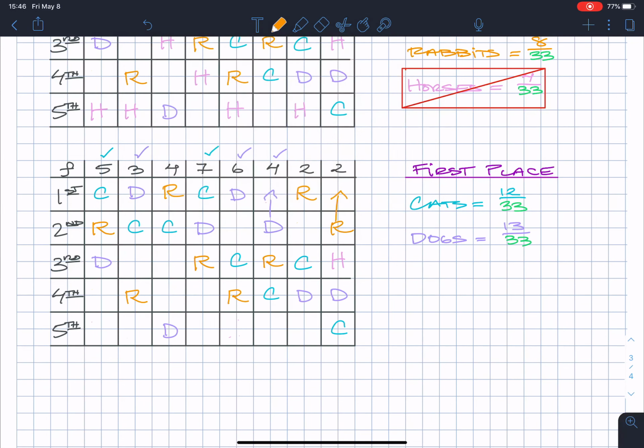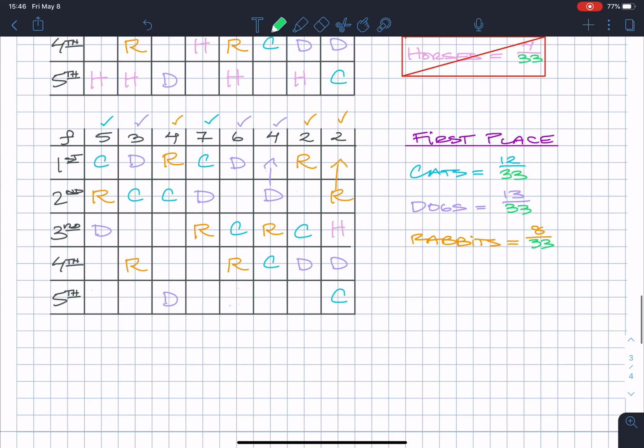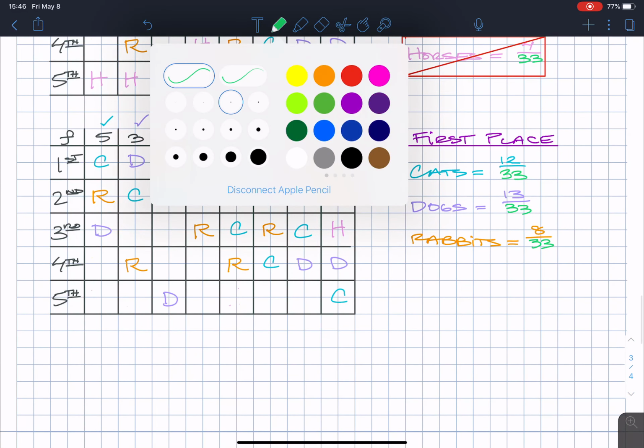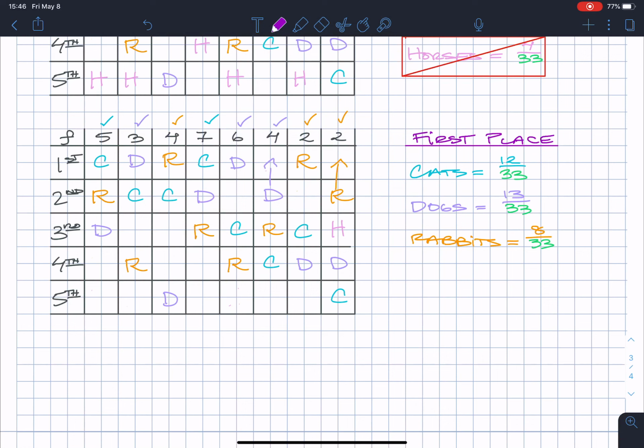Rabbits are now 4 plus 2 is 8 out of 33. Okay, so the least popular animal at this point is now rabbits.